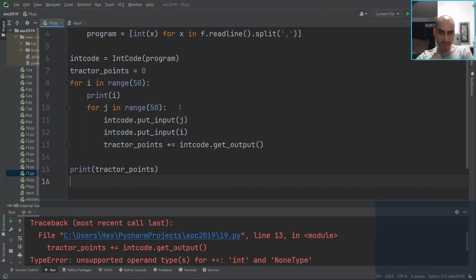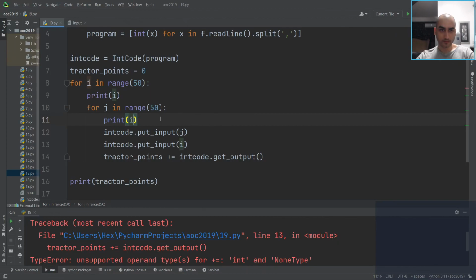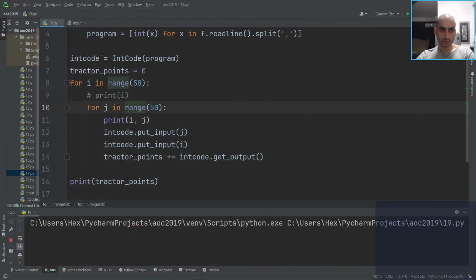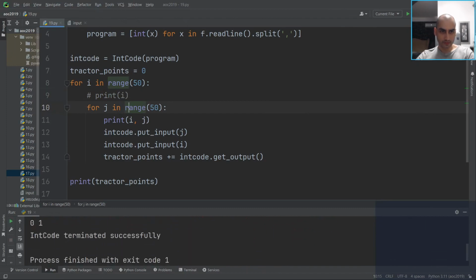So the most basic case is we are doing 0, 0. Right? 0, 0.